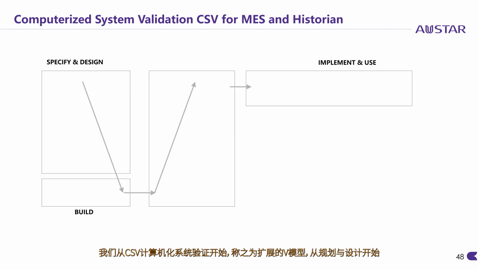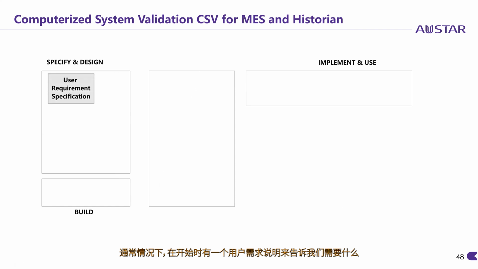CSV, computerized systems validation, with something we call the extended V model. So this should be our letter V and extension. So we start with specify and design. Normally, we have a user requirement specification at the start to tell us what do we need.